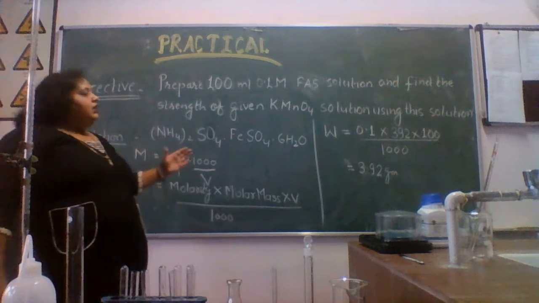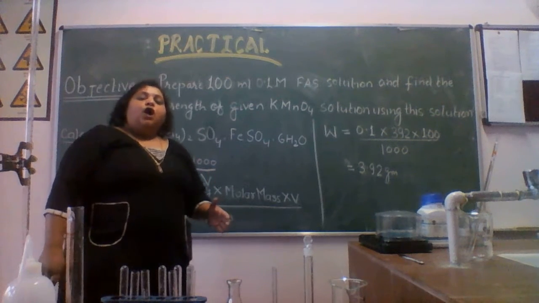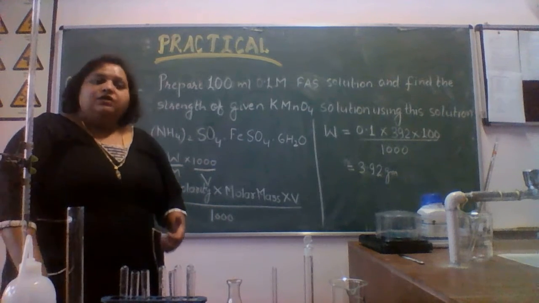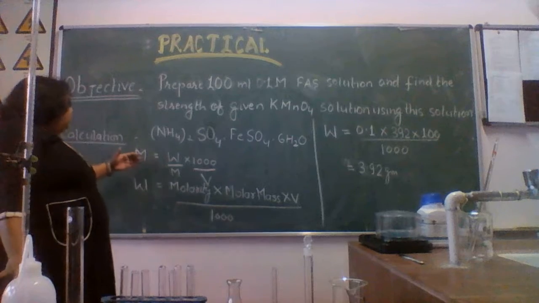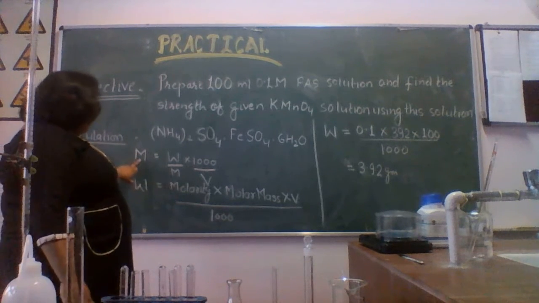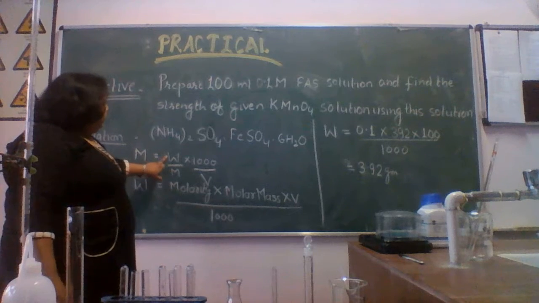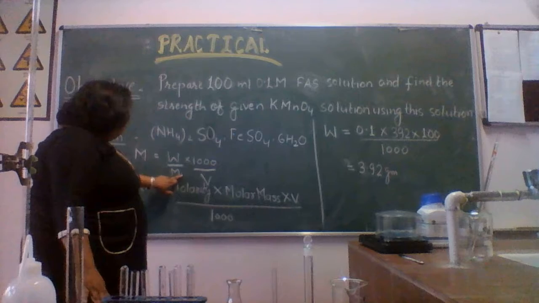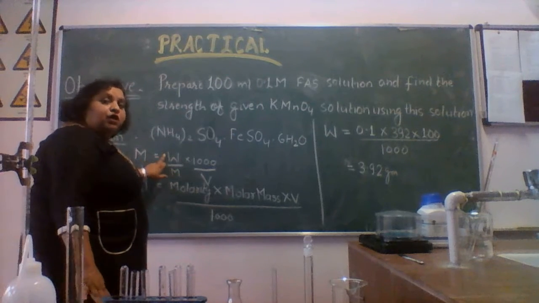Molarity is the number of moles of any solute present in the unit volume of the solution. And the formula that we use here is molarity equals given mass upon the molar mass, which will give you the number of moles of the solute.